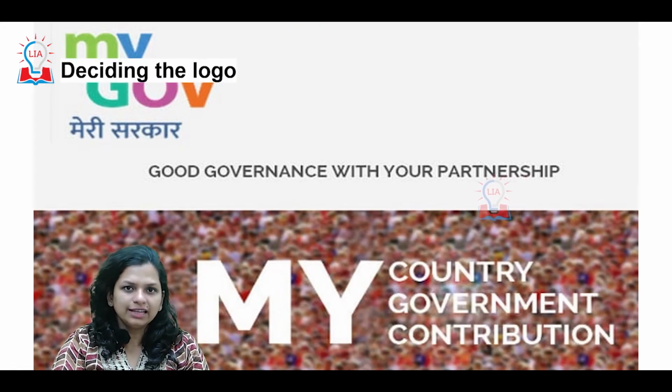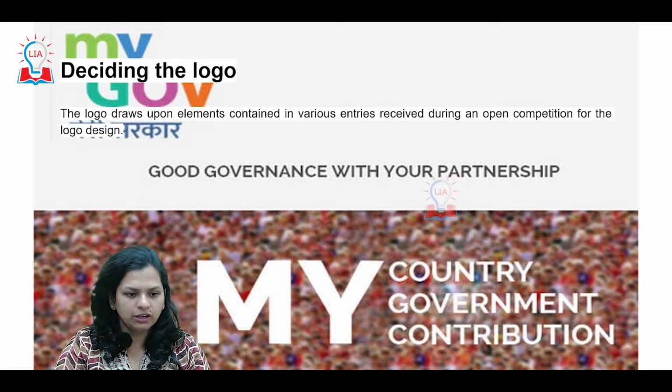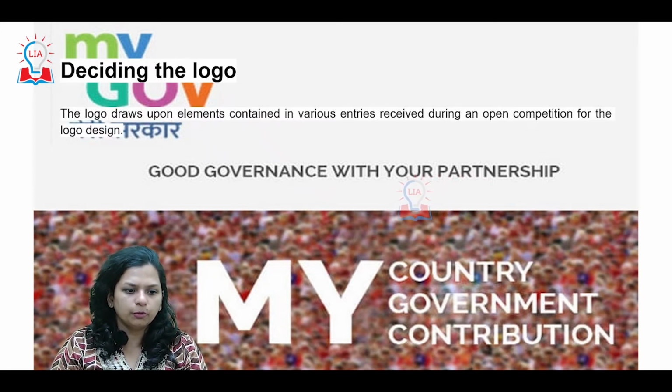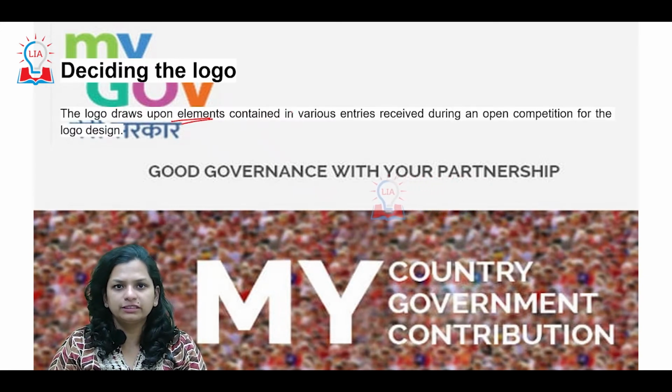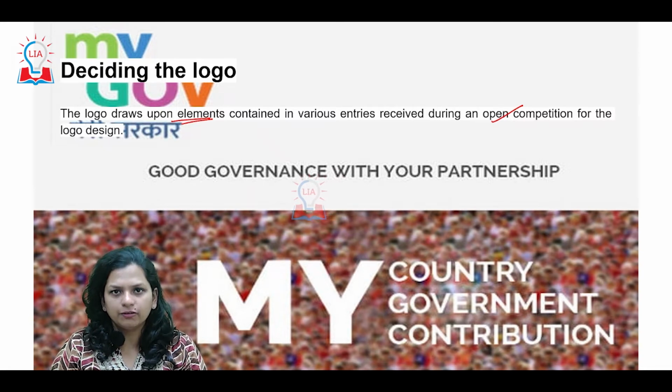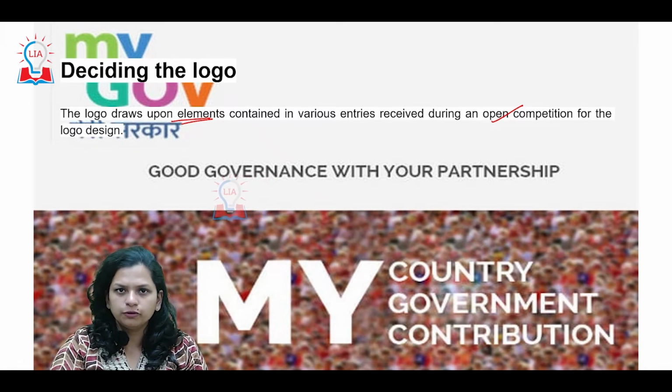Now, firstly, understanding how this logo came into the picture: it was drawn from a lot of elements which were received. There was an open competition through the MyGov website, which was opened to the public.